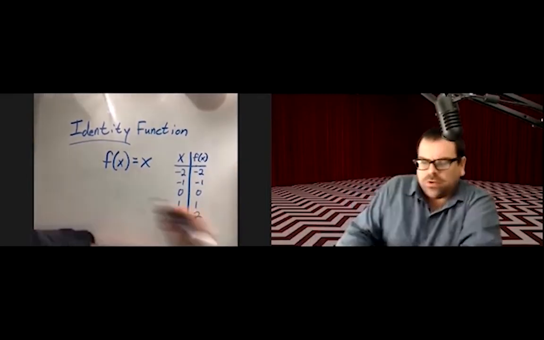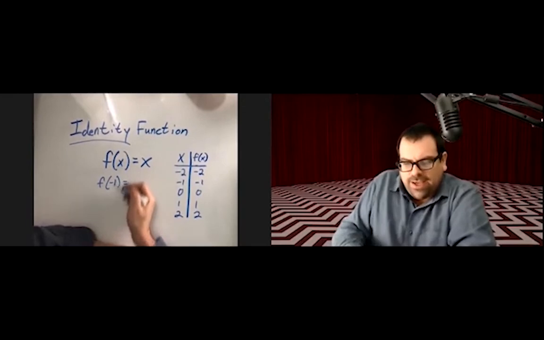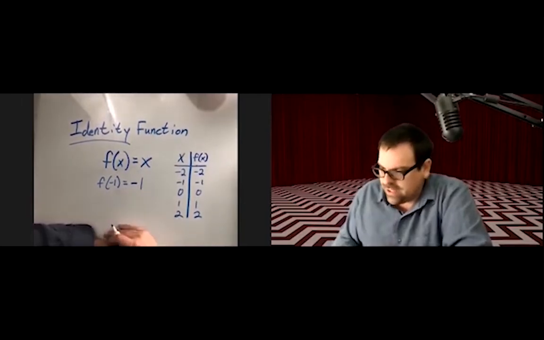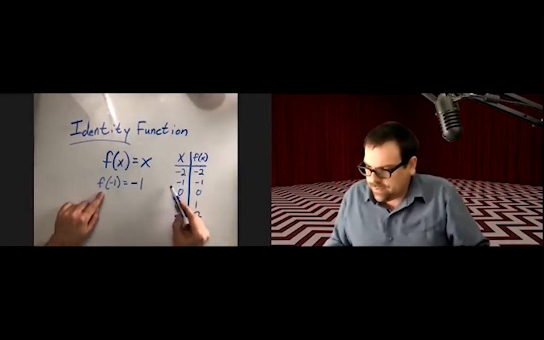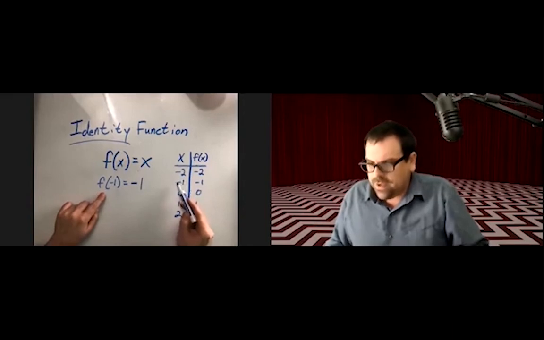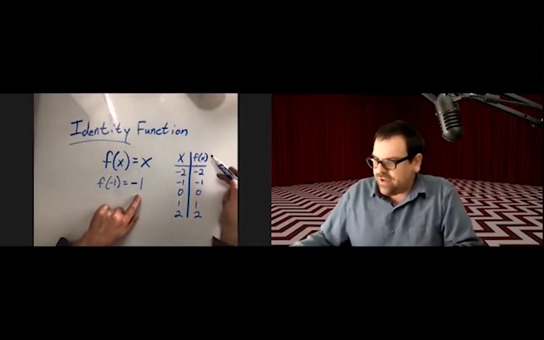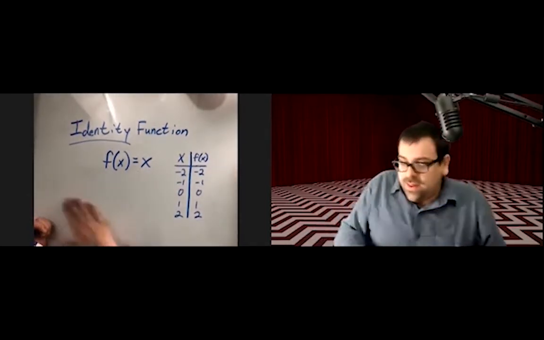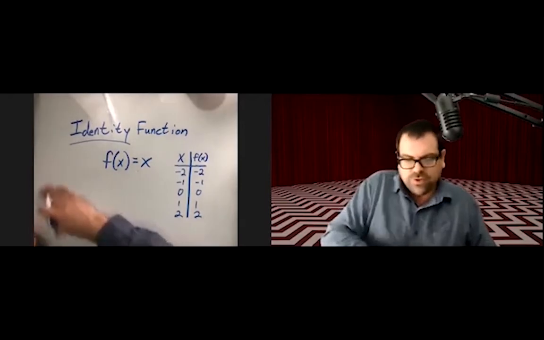In other words, if we had f of -1, then we're plugging -1 in for x. When we plug -1 in for x, we get f of -1 is -1. The input of the function f when x is -1 gives us an output of -1. f of x is -1 when x is -1. Okay. We know how to plug things in at this point. That's the last group of lectures.